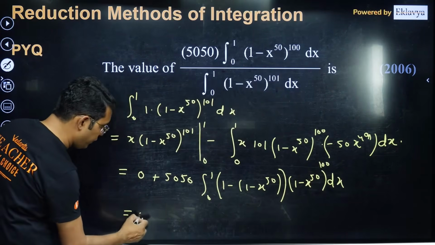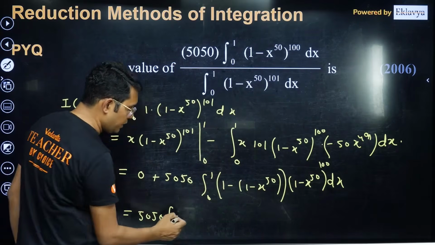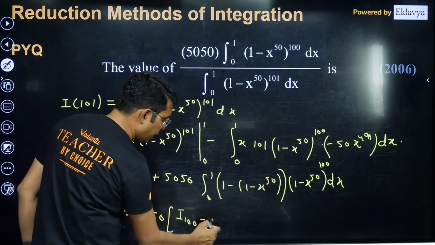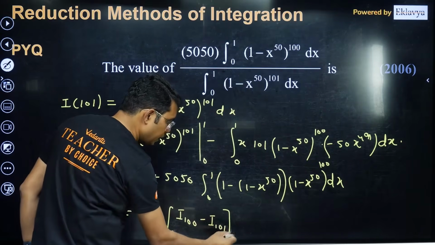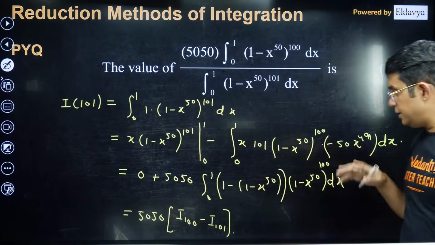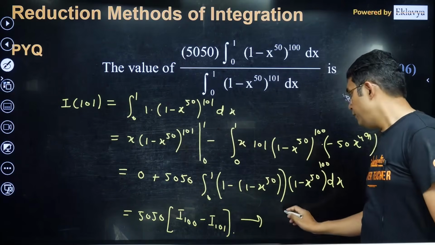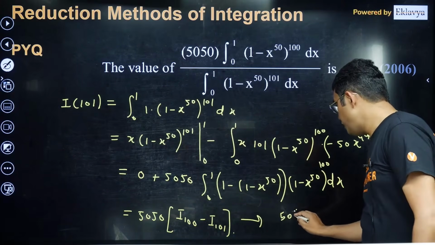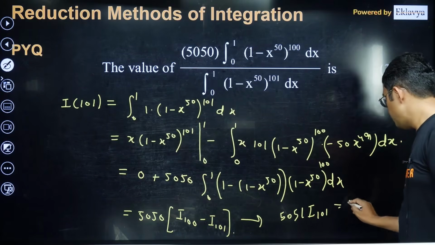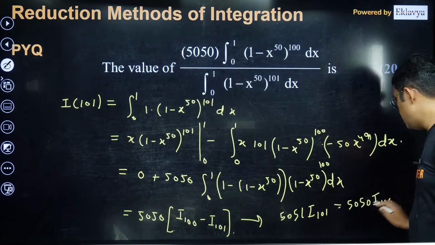So this will be 50 50, and if you multiply this one with this, you get I 100. If you multiply this with this, you get I 101. I think it is the same thing that I took as my first example in this session. Okay, so if you take 101 that side, we will be getting 5051 I 101 equal to 5050 into I 100. So this is what we are getting.